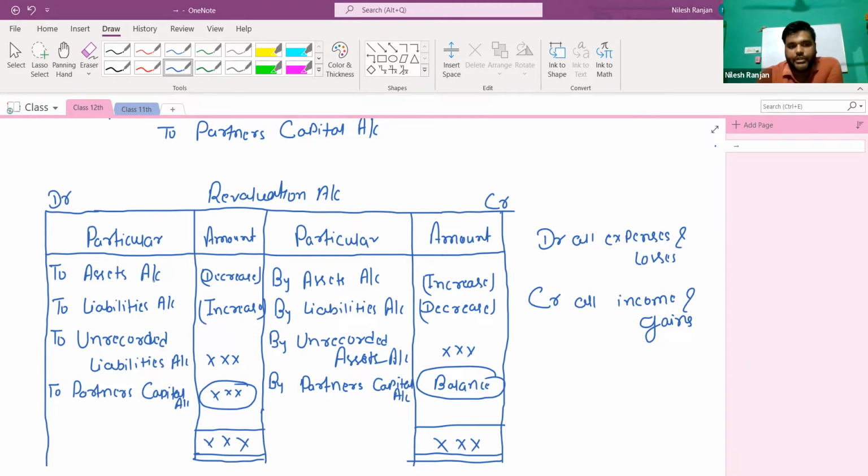That's why it is debit. And if there is any increase in assets, then it will be a gain, a profit for us, and it is credited. Is that clear? And if there is an increase in liability, it is a loss for us. Yes, increase in liabilities is also a loss for us, and decrease in liabilities is a profit. Unrecorded liabilities are also a loss for us, and unrecorded assets are a profit for us.